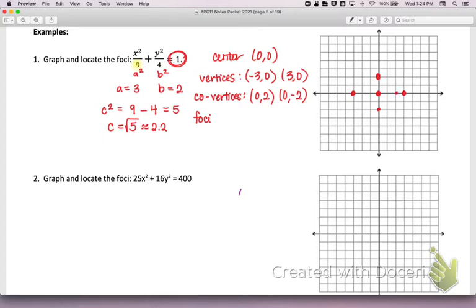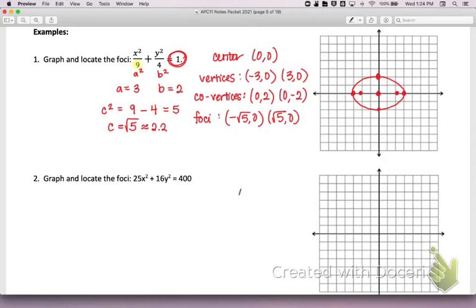So that would be right here, 2.2, and right here. Now the graph does not go through the foci. The foci are part of the definition. And so the foci are going to be at negative square root of 5, 0 and positive square root of 5, 0. And so here is our ellipse. It's an oval shape. Okay.